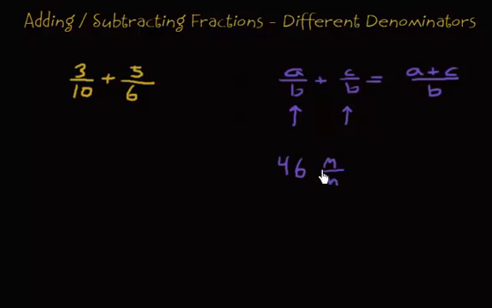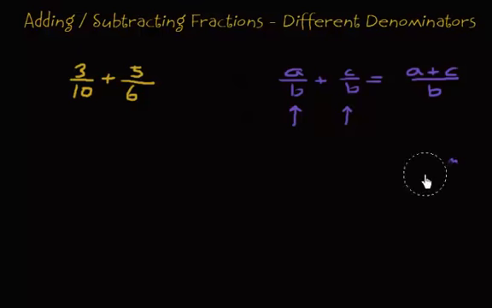Could you add 46 miles per hour plus 10 miles per minute? No. You can't just add these two together because they have different denominators. Same thing, you can't just add feet and yards together. You have to convert. So that's really what we're doing.